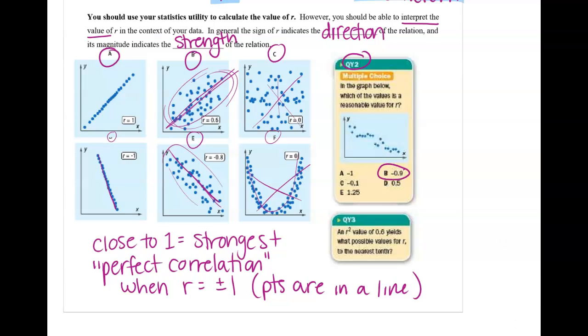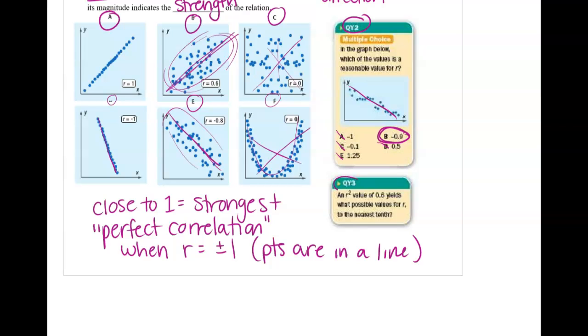Reason being, it's not a perfect negative slope, so it can't be A. Negative 0.1 is too close to 0, and we know it makes a pretty good line. 1.25 is not going to be it, it's not going to be above 1, first of all, and also it's positive slope. 0.5 is positive slope, so negative 0.9 is the only one that would work because it's going downwards, forming a line kinda close. Keep in mind, if there was a choice between negative 0.8 and negative 0.9, I would have no clue what it is. You'll never be asked that.